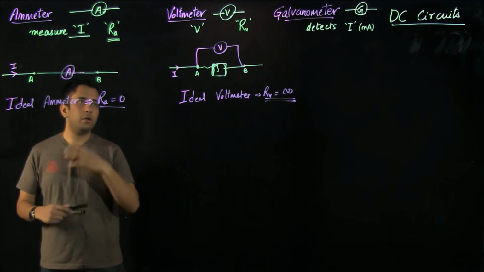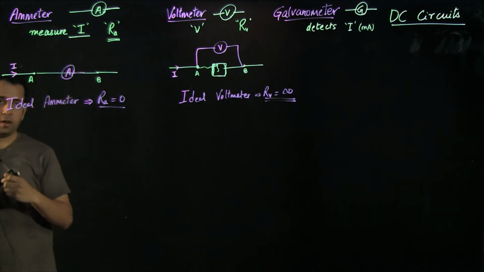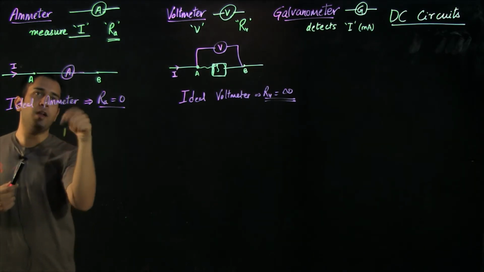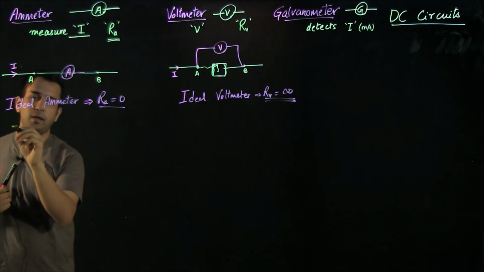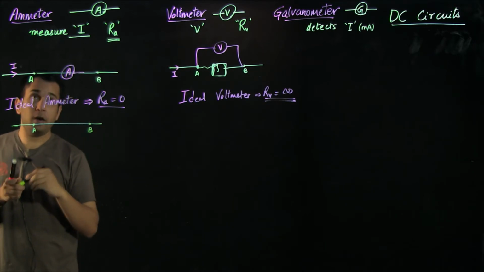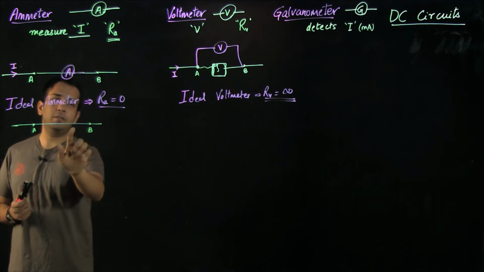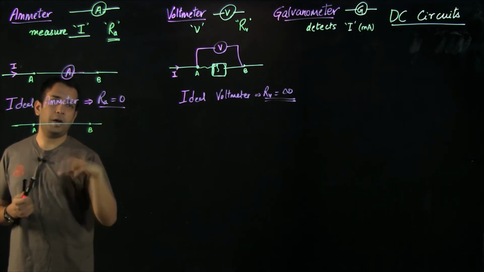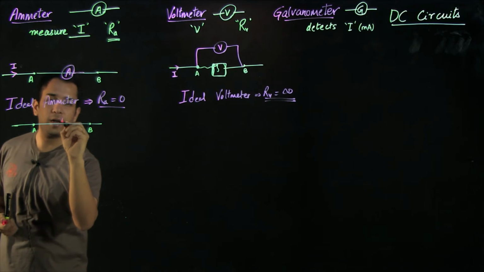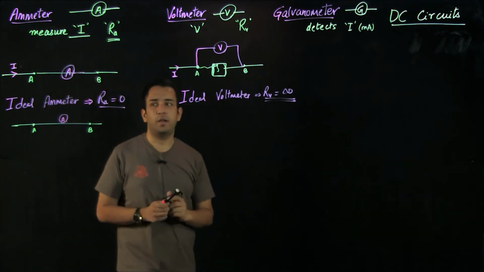So we can also look at all those things in an easier way. Whenever we are given an ideal ammeter in the circuit, we can directly write this like A, B, and we can just replace the ammeter with a zero resistance wire, because we know that an ideal ammeter has a resistance of 0, and we can write the ammeter just beside the zero resistance wire.